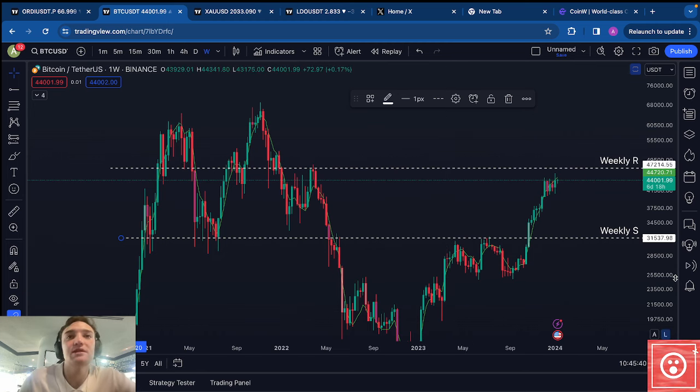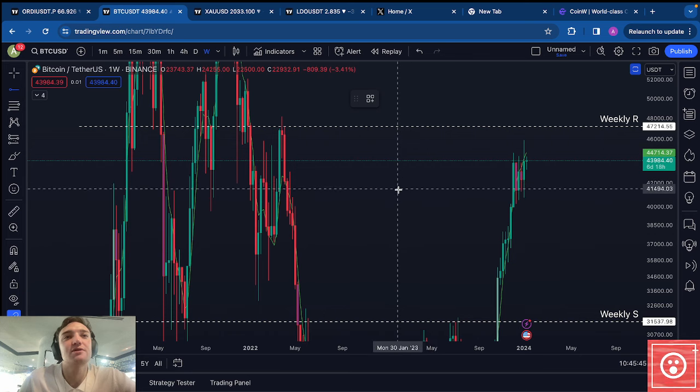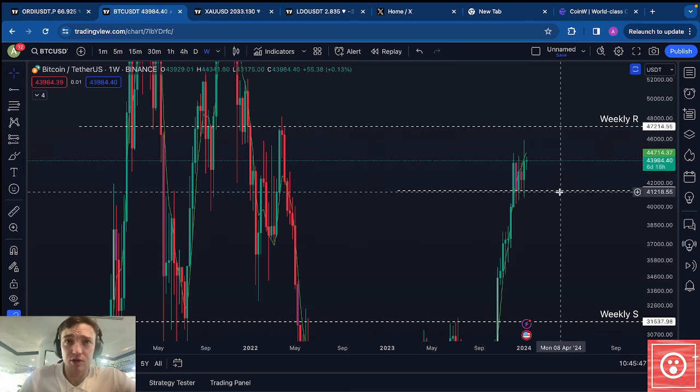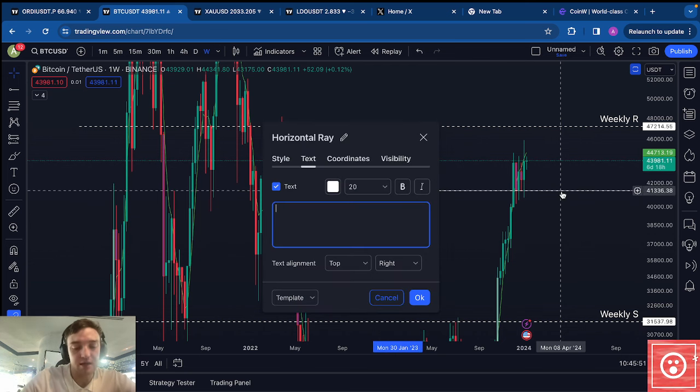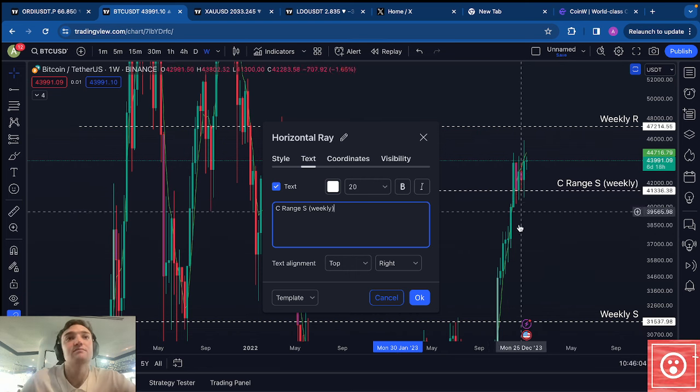We can go a bit deeper and say we have our current range. I'm going to say current, so C means current, range support on the weekly. You can say that as well, current range support on the weekly.